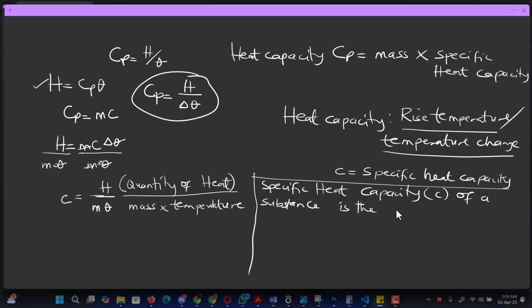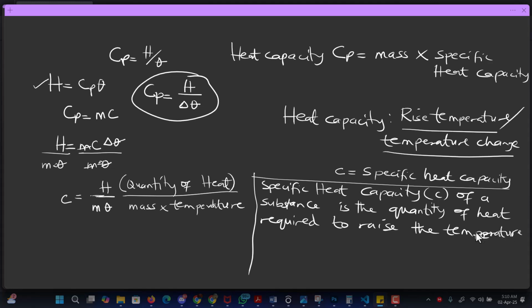is the quantity of heat required to raise the temperature of a unit mass of the substance by 1 degree Celsius or 1 Kelvin.